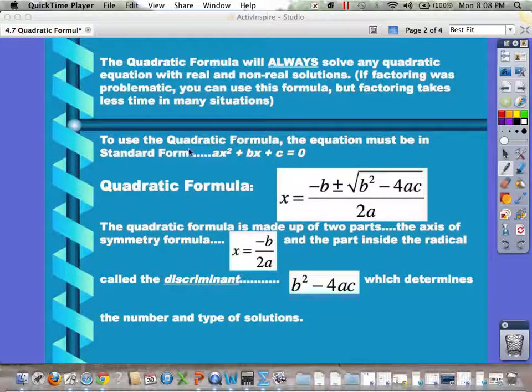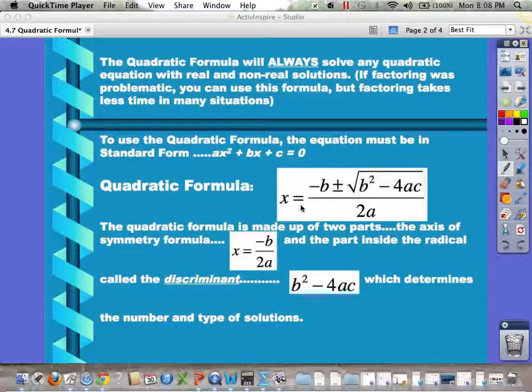All right, so use the quadratic formula. The equation must be in standard form, which we talked about, as you should know by now. Ax squared plus bx plus c equals 0, standard form. The quadratic formula itself is x equals, so this is going to give you a solution or a root or an x-intercept where it's going to cross the x-axis.